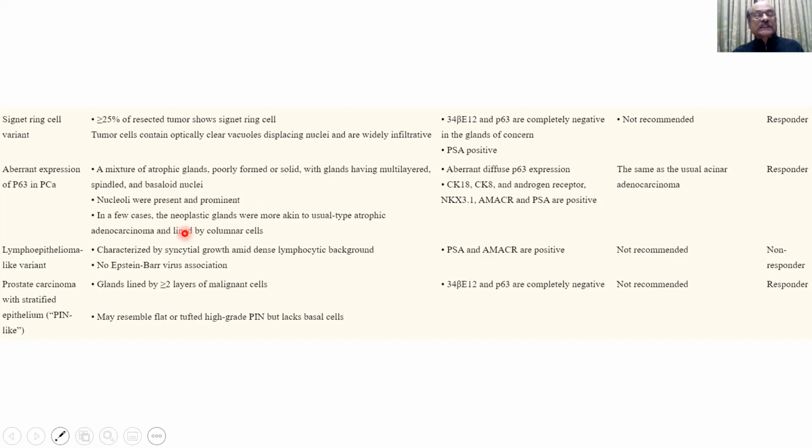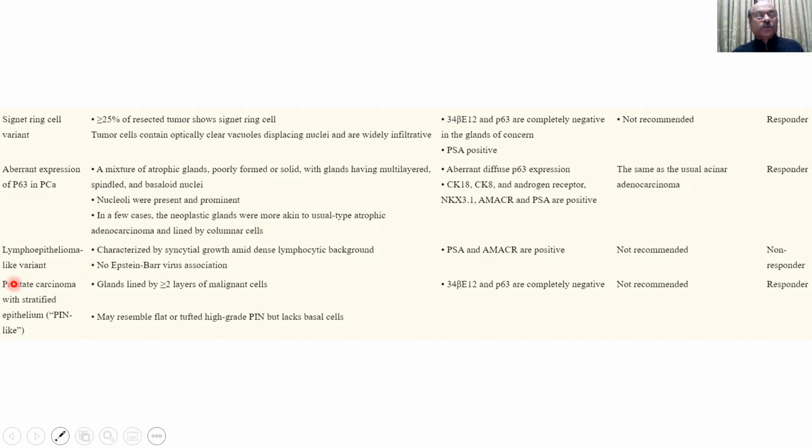In few cases, the neoplastic glands are more akin to the usual type of atrophic adenocarcinoma and lined by columnar cells. They usually express P63, CK18, CK8, and androgen receptors. And they are the same as usual acinar adenocarcinoma. They are also responders.